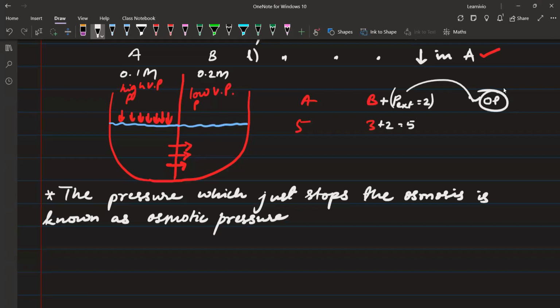Make sense? Yes or no? Please tell me, guys. All of you understood what is osmotic pressure? Yes or no?